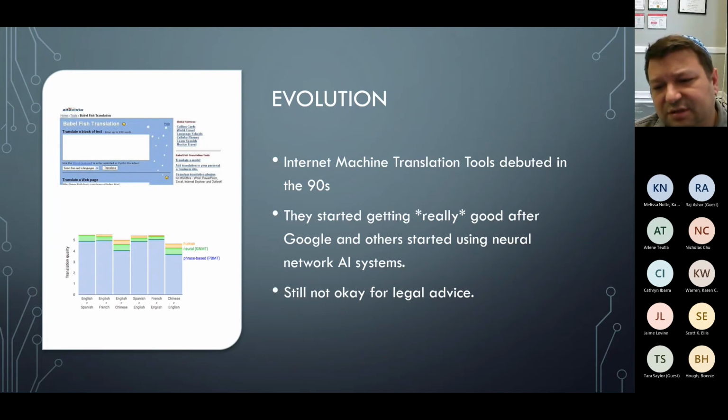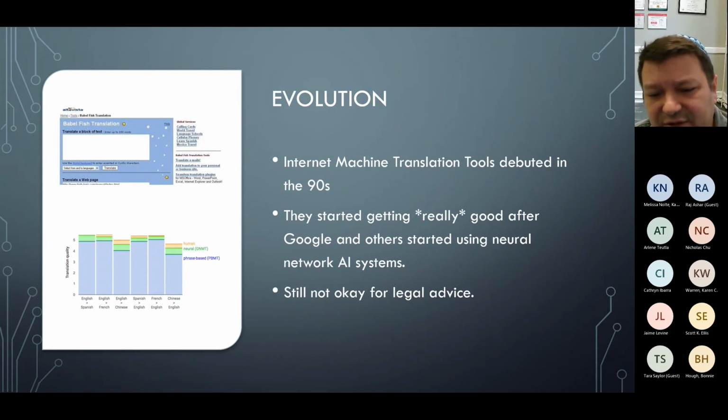The image here on the top is what Babelfish looked like around 1998. And the bottom is a graph illustrating Google's claims about the quality of Google Translate now. They're saying that the orange blocks are the incremental improvement of a human translator over the machine.